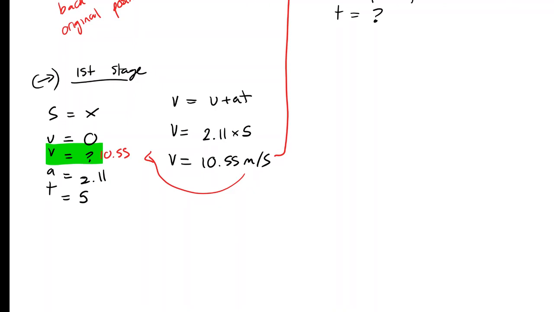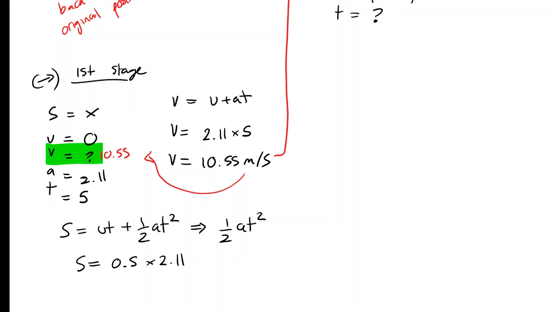When you know 5 things, you can use whichever equation you want. So ideally you use whatever would be simple. S equals ut plus 1/2 at squared is simple here because u is 0. So we can just say 1/2 at squared. S is equal to 0.5 times 2.11 multiplied by 5 squared.